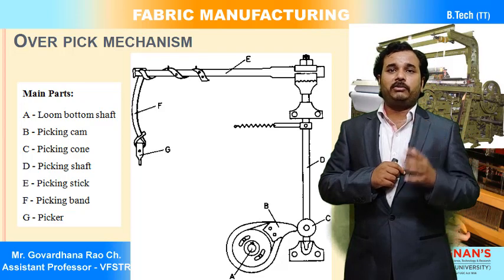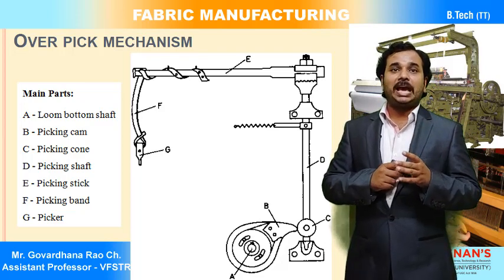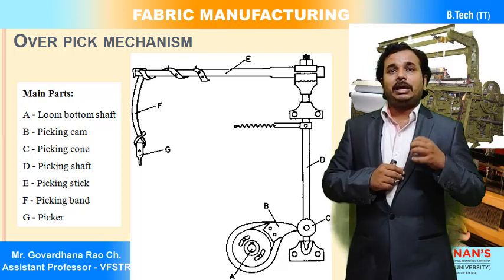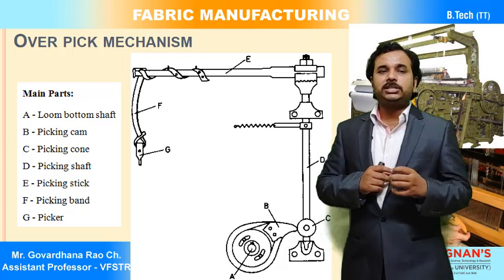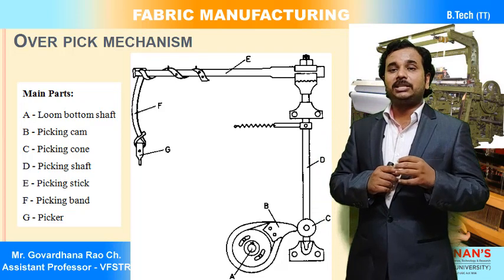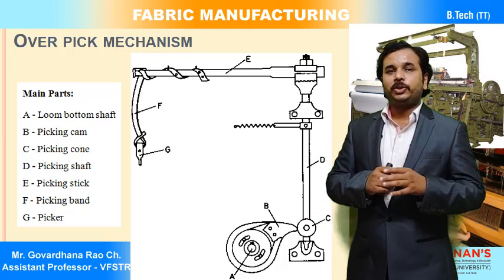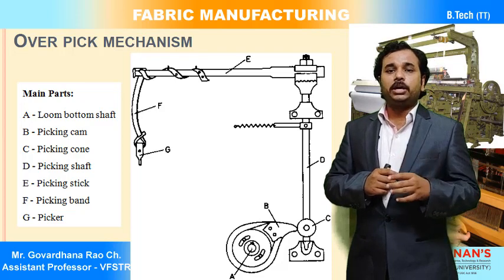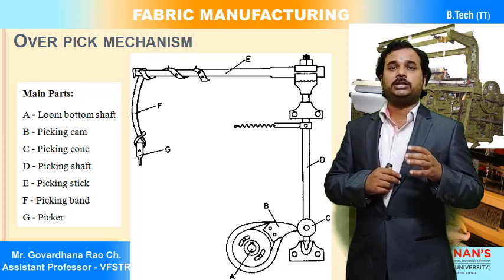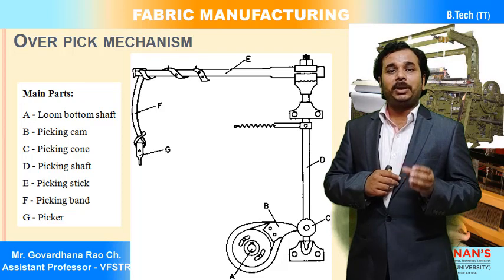On the top of the vertical shaft or picking shaft we have a cap, and in the cap the picking stick is fixed, that is E. You can see that E is fixed at the top of the vertical shaft or picking shaft. So E is the picking stick.